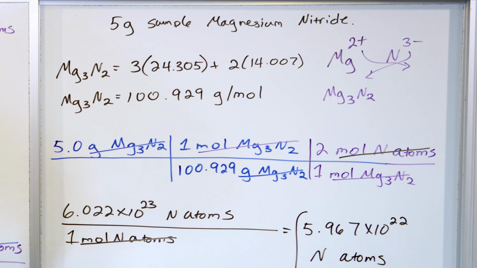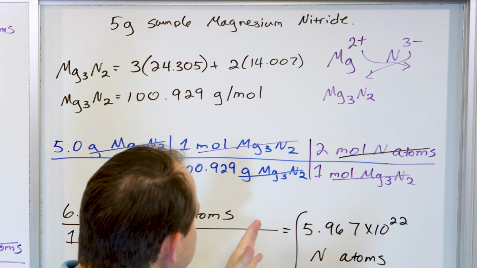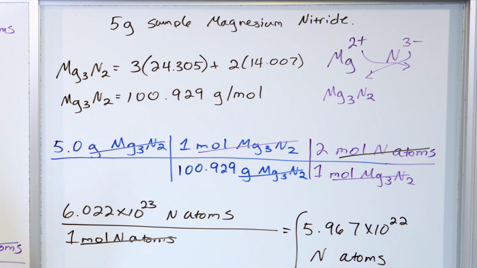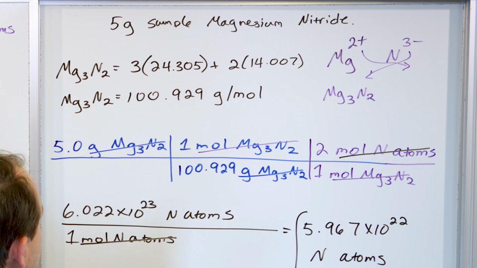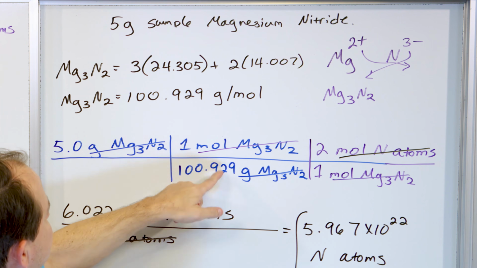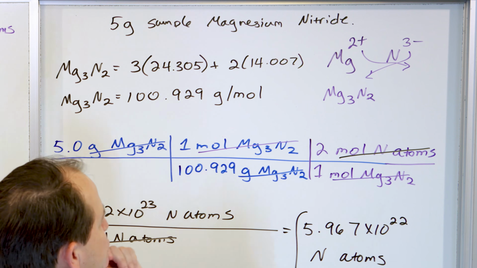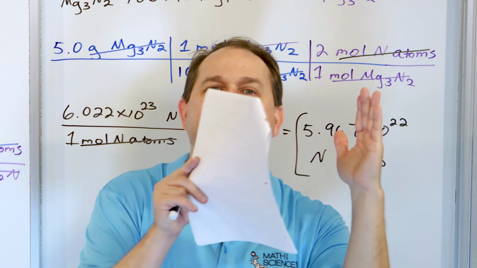So again, don't try to map this stuff out in your head because something will trip you up eventually. The ratio of nitrogen to the whole unit might trip you up. Any one of these things might trip you up trying to do it in your head. So instead, you write down what you know. You know the number of grams of this substance. And then you don't know what to do, but you know you can legally convert to moles. You have the molar mass, you convert to moles of this substance. But you want to know more about the nitrogen, not the moles of the whole thing, but just the nitrogen.